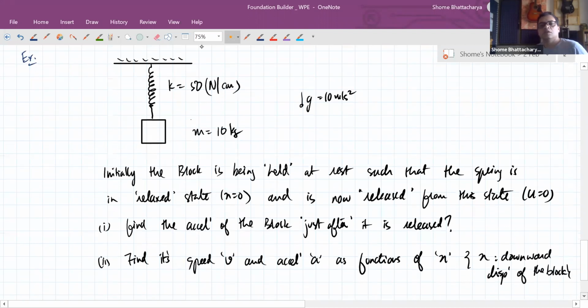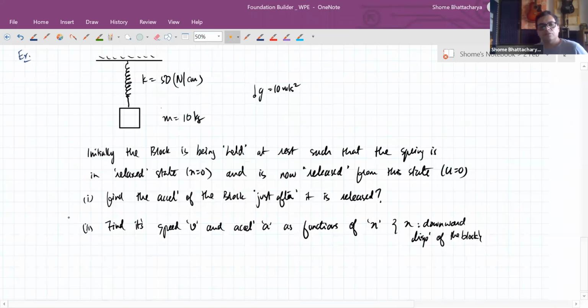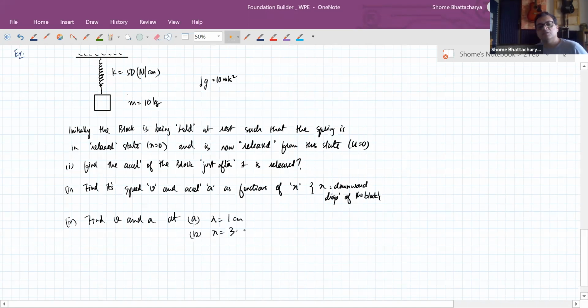Okay. And once we have found this, we'll find the particular values of v and a at x equal to 1 centimeter and x equal to 3 centimeters.